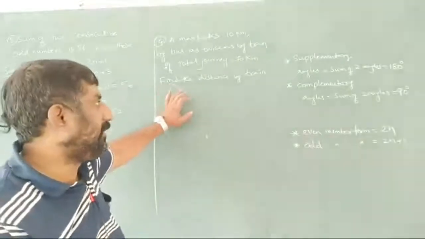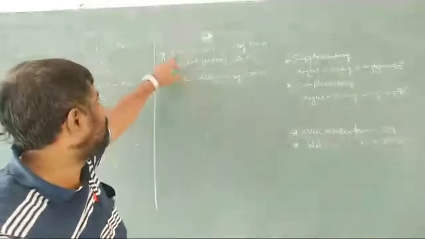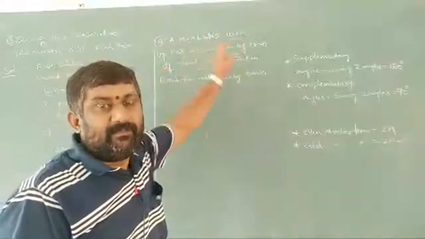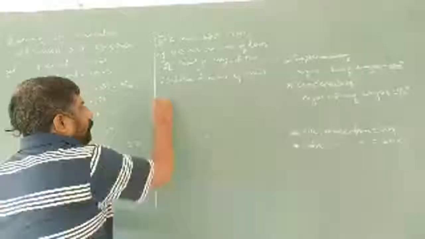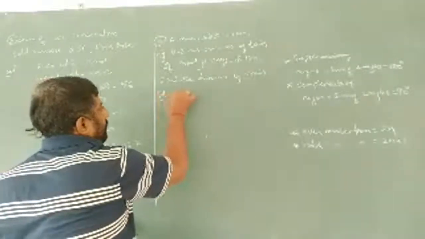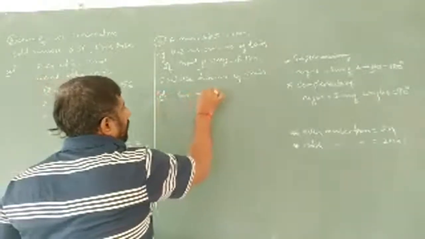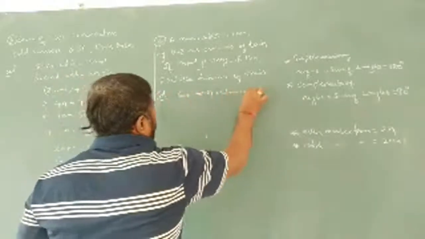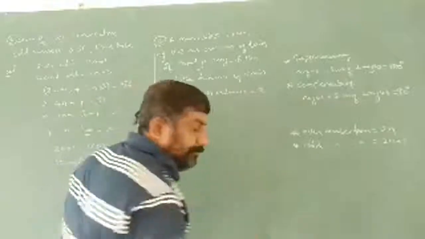Okay, so observe here, who is being compared with whom? Bus is being compared with train. So let the train distance be x.